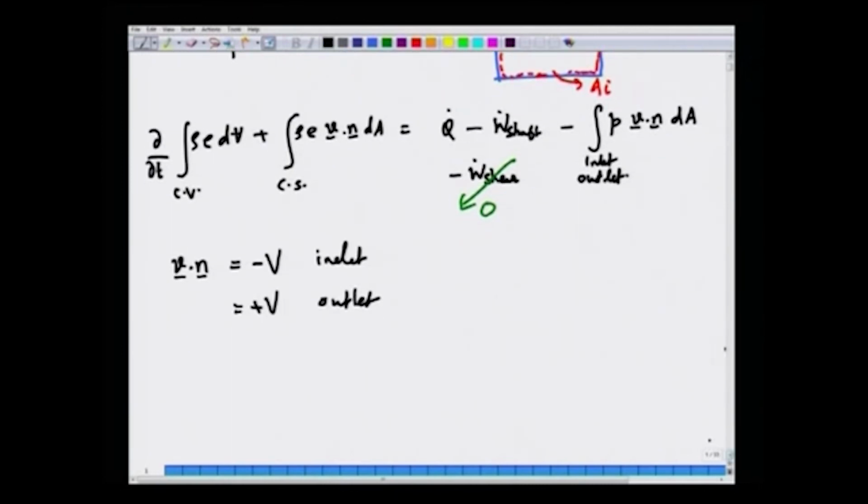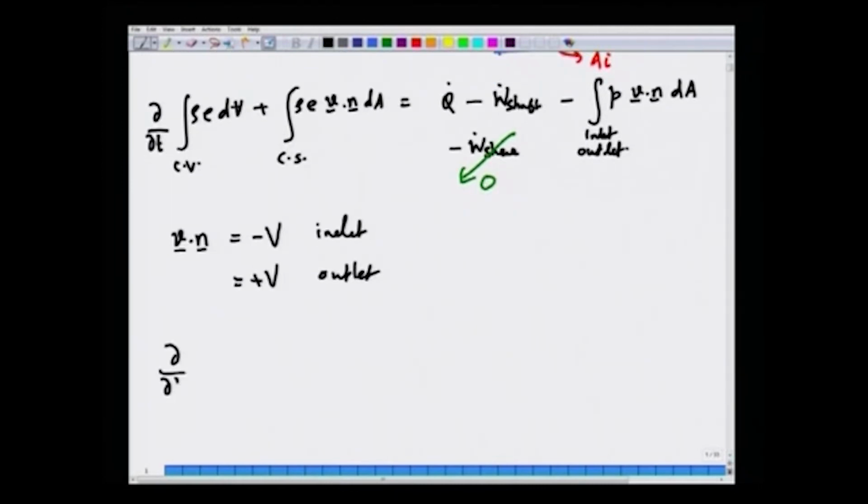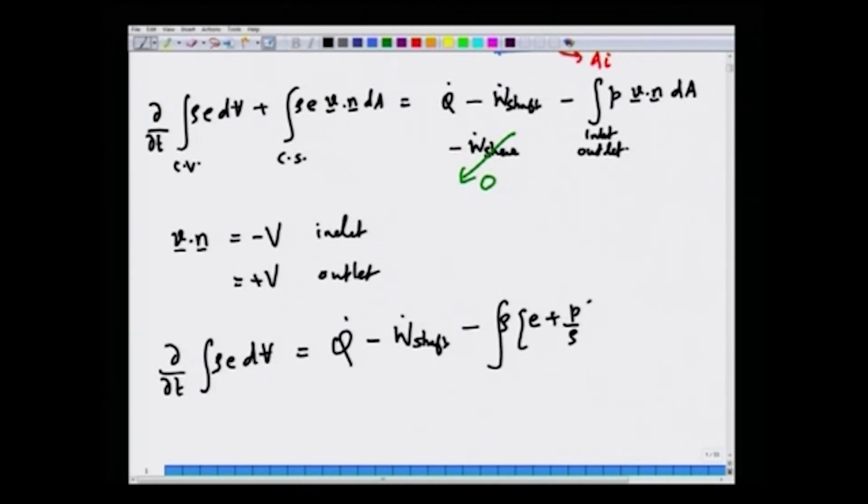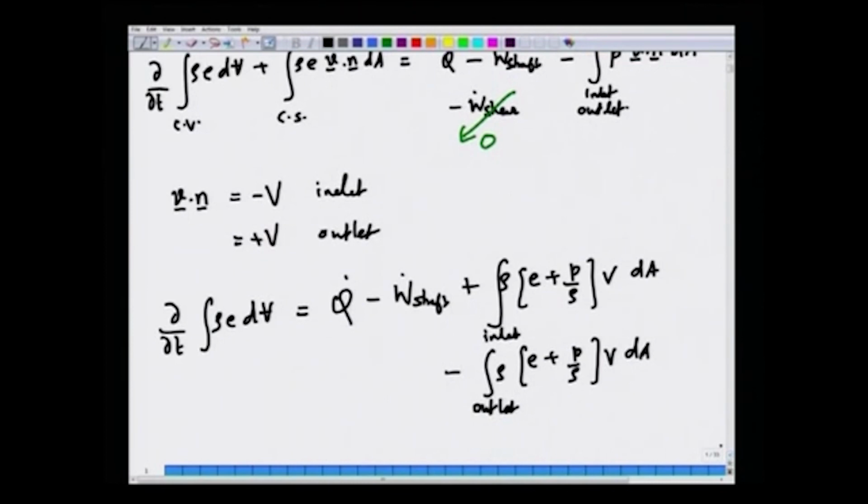Once you do this, you get a very simple expression: dE/dt of the CV is equal to Q dot minus W dot shaft, minus the integral of rho times (E plus P by rho) V dA over the outlets, minus the same over the inlets with a sign change. Because V dot N is minus V for inlets, minus of minus becomes plus here, whereas it is just plus V for outlets.